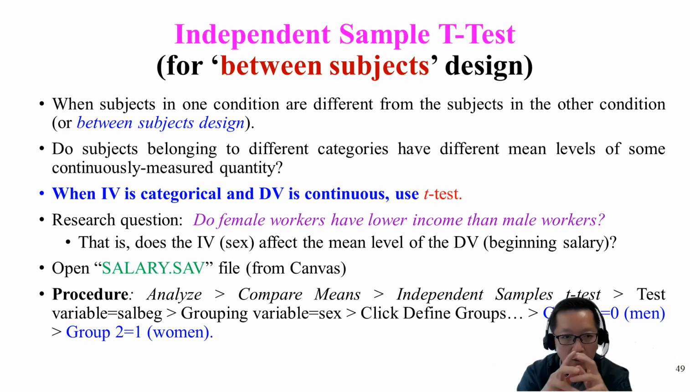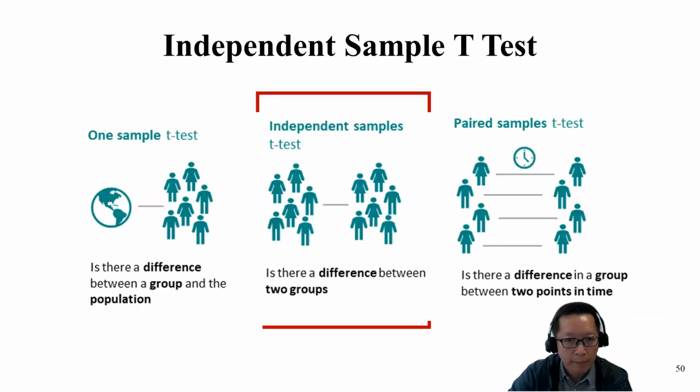So this is an example where the research question is whether female workers have lower income than male workers. Again, I test this on the Salary.sav data file, and you just go to analyze, compare means, independent sample t-test, enter the test variable, and define the groups.